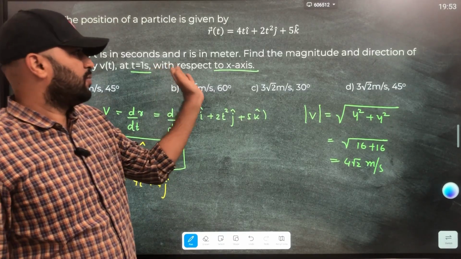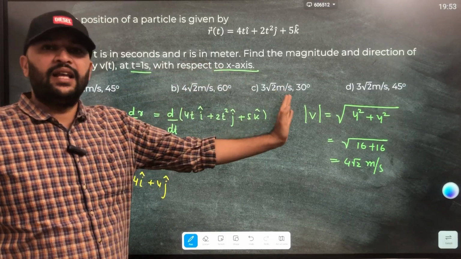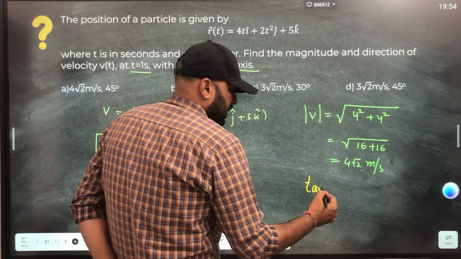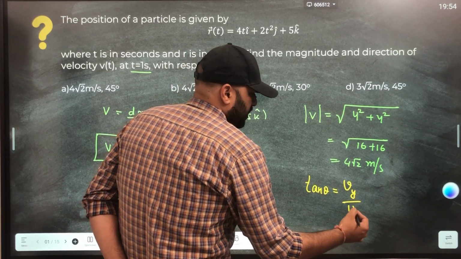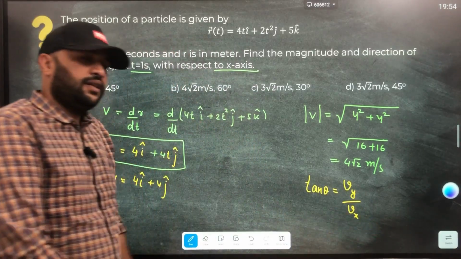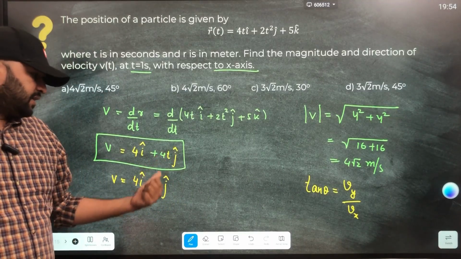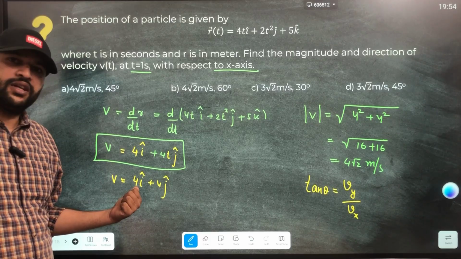Along with that, they are asking for the direction, that is, with respect to the x-axis, what will be the angle it is forming. To figure out the angle, we simply know that tan theta is the ratio of the velocity along the y-axis upon the velocity along the x-axis. Tan theta is vy by vx. Now, vy is 4 along the y-axis, and along the x-axis the velocity is 4.